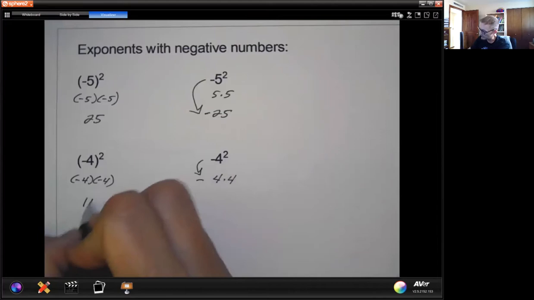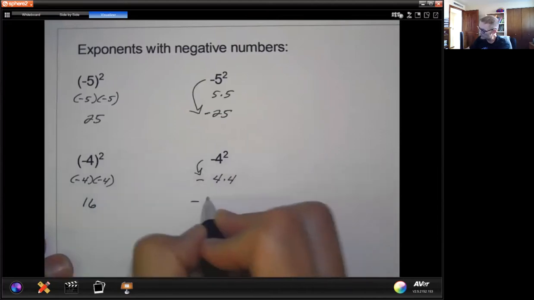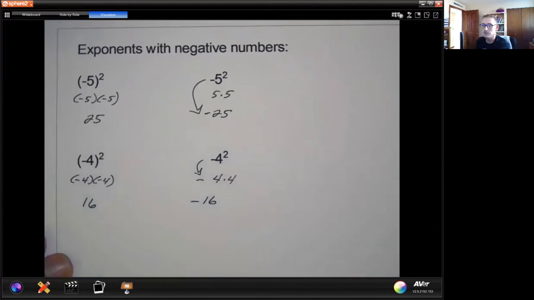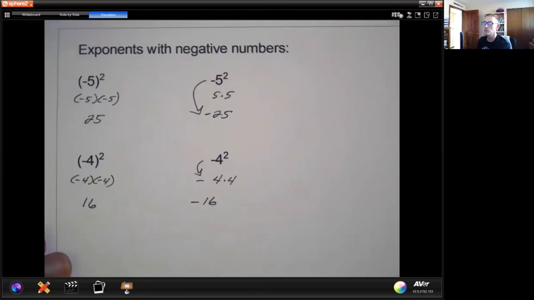This answer is positive 16, and this answer is negative 16. So this is a small little detail when it comes to dealing with exponents on negative numbers. As we go through the order of operations, it's really important to keep track of every detail and don't try and do too much in your head.